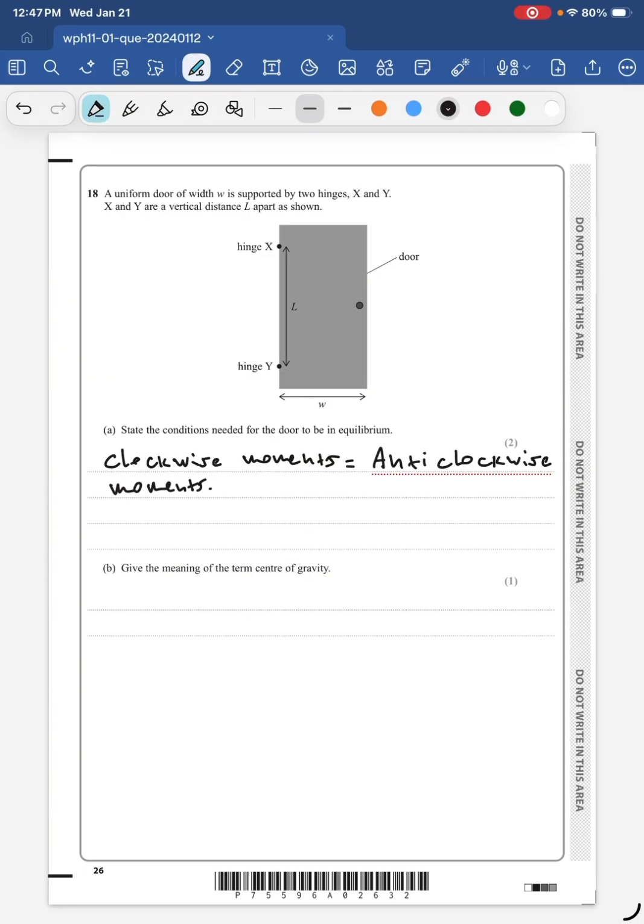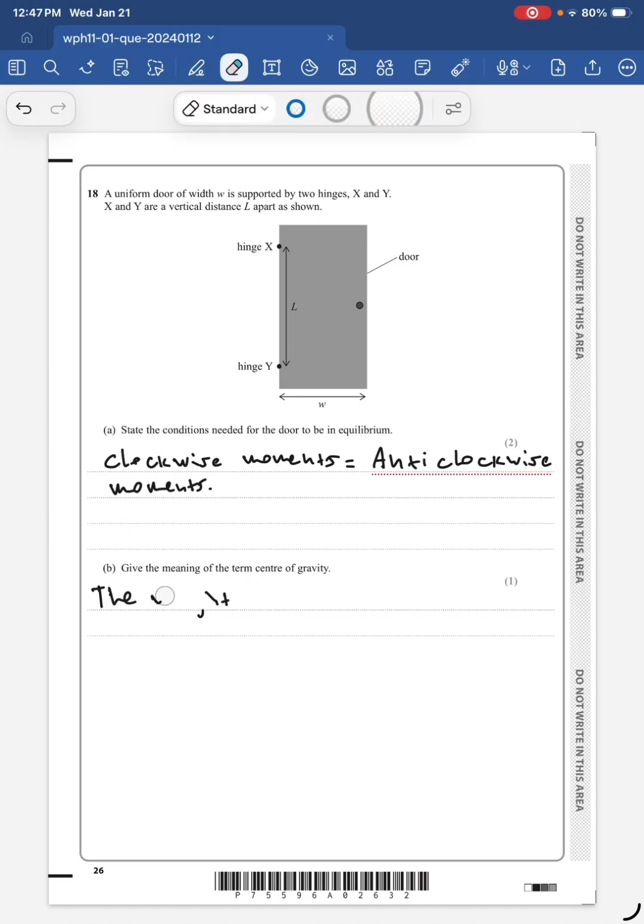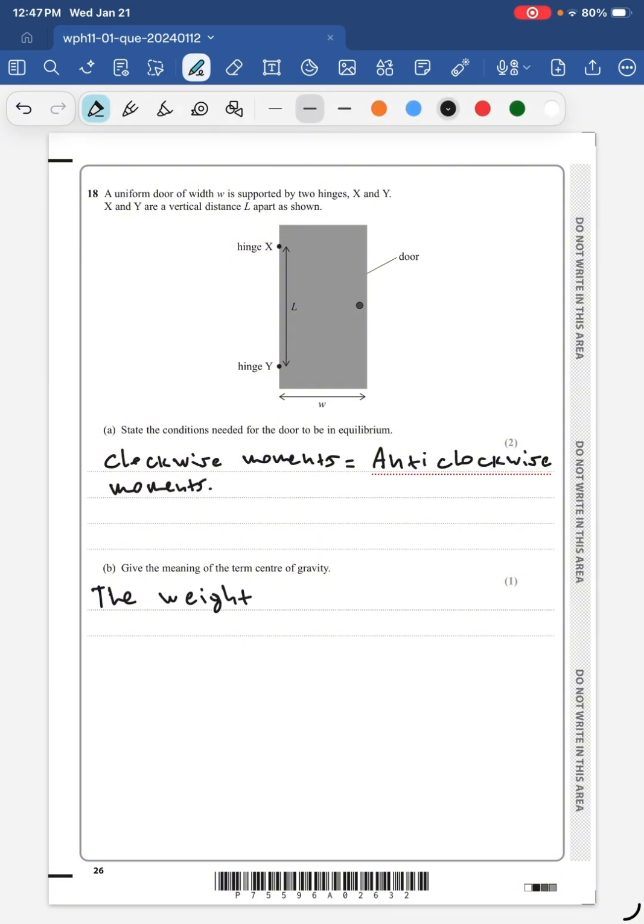Give the meaning of the term center of gravity. So it's the point where, let me write it this way, the weight of the object is thought of as acting from the center of gravity.